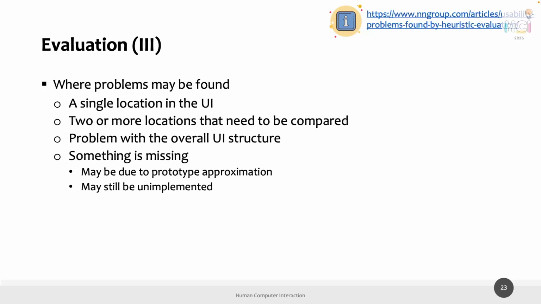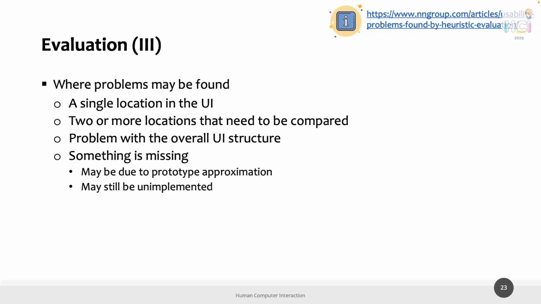So for example, the designer is using different labels for the same kind of button, like search and find, okay? This creates confusion. We can have problems with the overall structure of the UI. So for example, the designer is not using conventions, patterns common in a specific device.